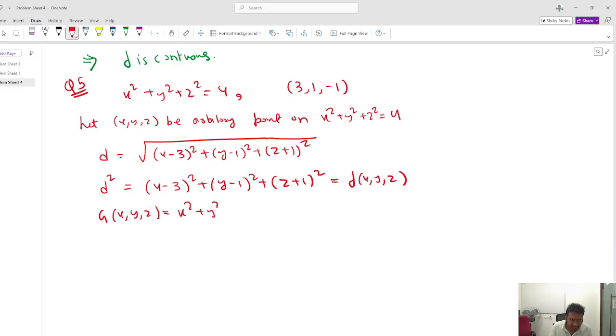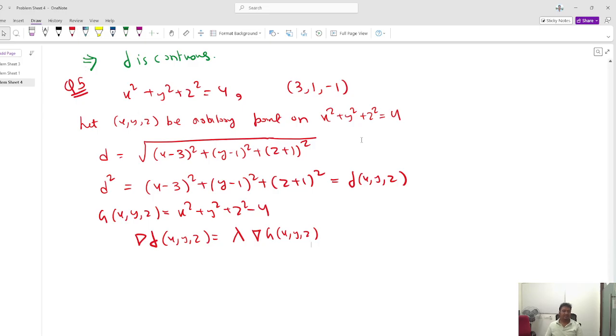What Lagrange's theorem says is, if the minimum exists at some point, then you should have this kind of equation at that point, right? The gradient of f should be the same as lambda times the gradient, or nabla, of this g(x, y, z).